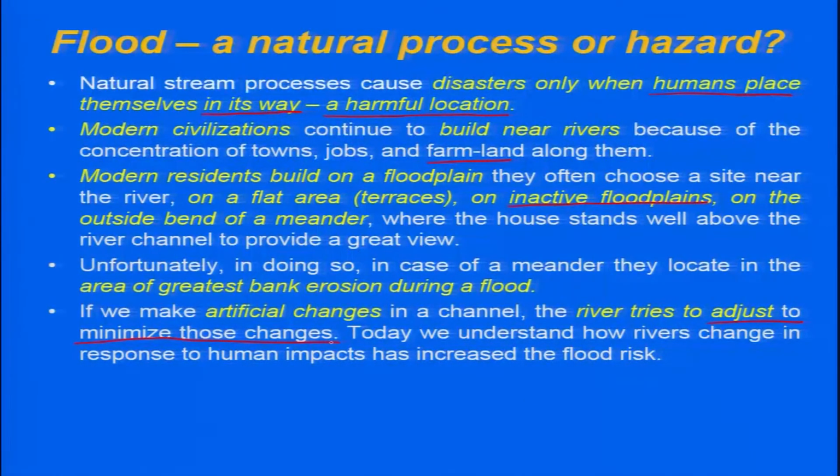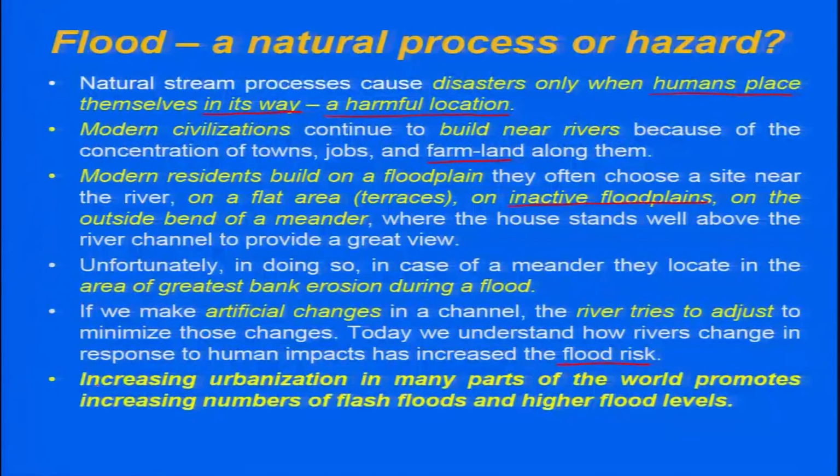So these changes will not be very prominent, but they will try to adjust. However, we have seen that even though we have made the changes artificially in the river channels, they have reduced the flood risk to some extent.